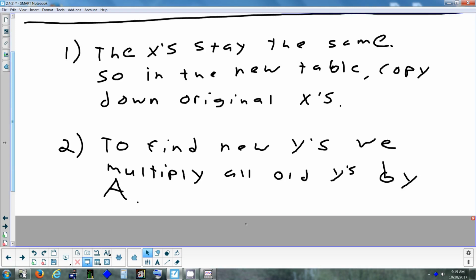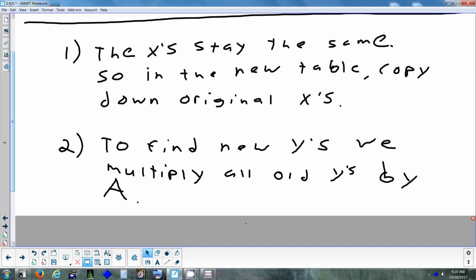The only time you don't is if they ask you for the amplitude, because amplitude is always a positive number. Okay, and the arithmetic is going to be super easy because your y values are all 1s, 0s, and negative 1s. So all you're going to do is multiply a 1, a 0, and a negative 1 by whatever number is in front.